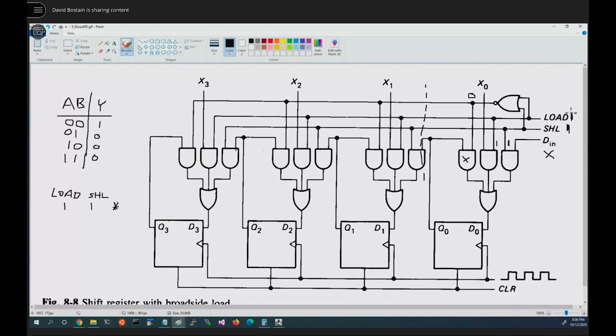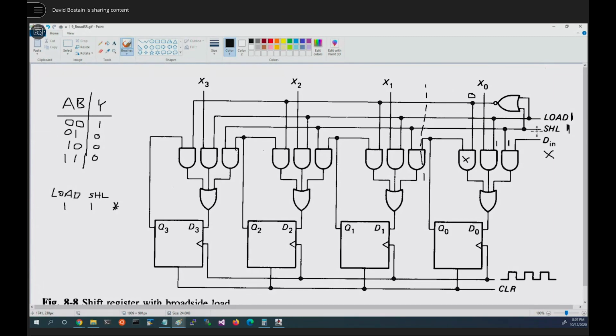So maybe it is wise to leave them alone and just somehow mechanically not allow anybody to push both buttons, because it doesn't make any sense to say load these at the same time you're shifting. What are we trying to do, you know? This top line, though, is kind of interesting, because you know what it is?